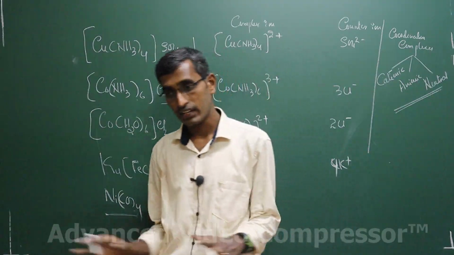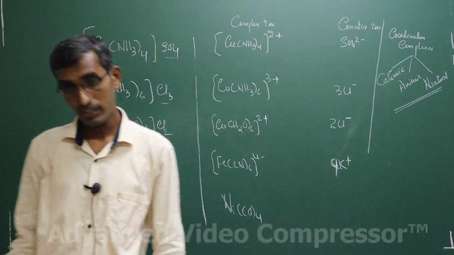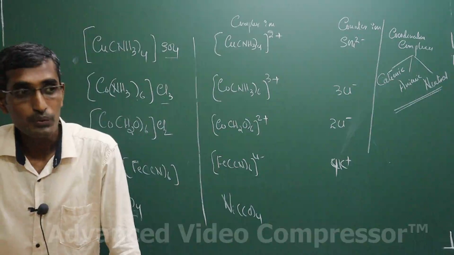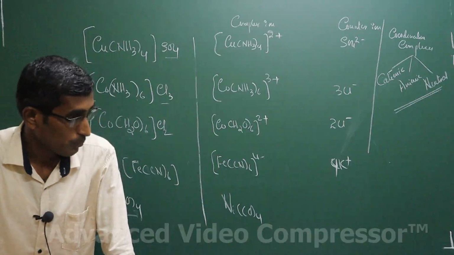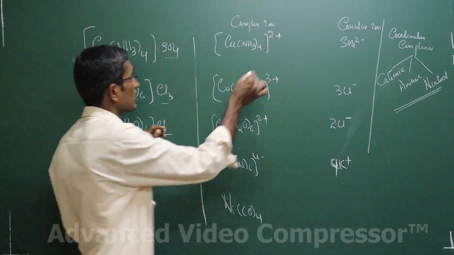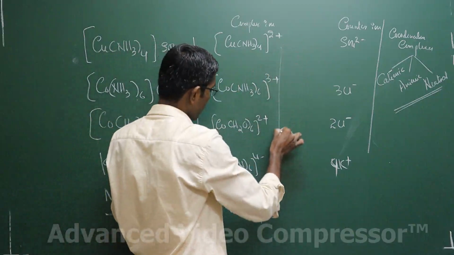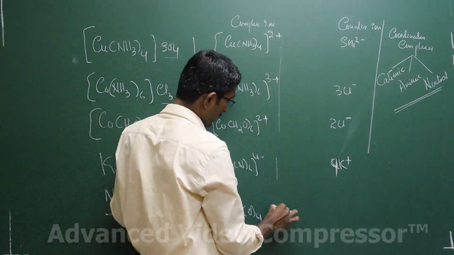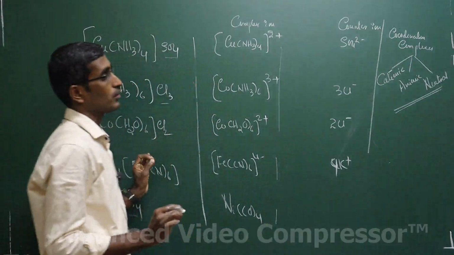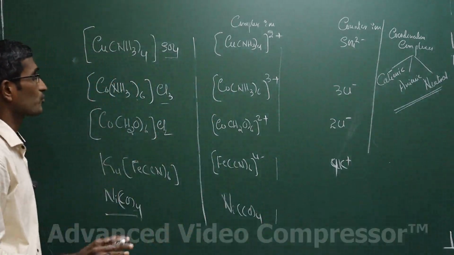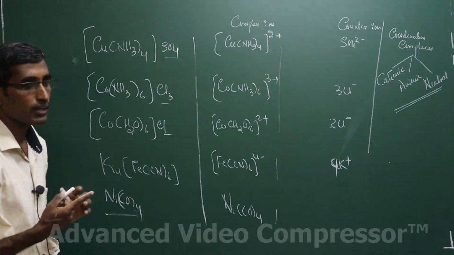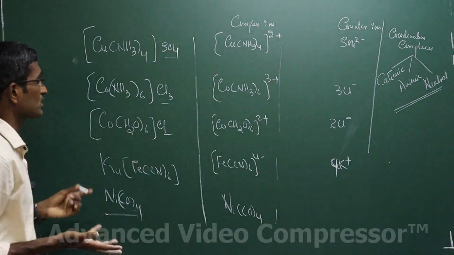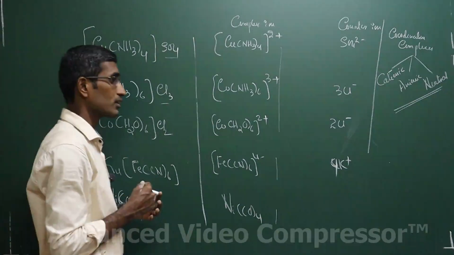If it doesn't carry any charge, then it is a neutral complex. Make it clear. So these three are cationic complexes, this is an anionic complex, and this is a neutral complex. Very clear. So this is a basic aspect. These kinds of questions could be raised as a level 1 question in a competitive examination.